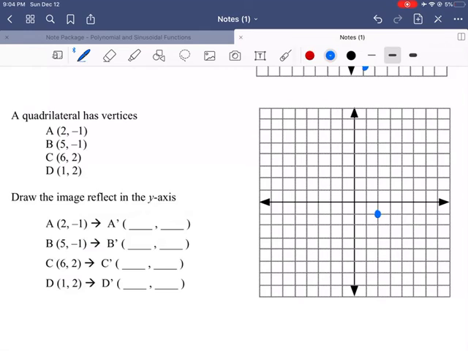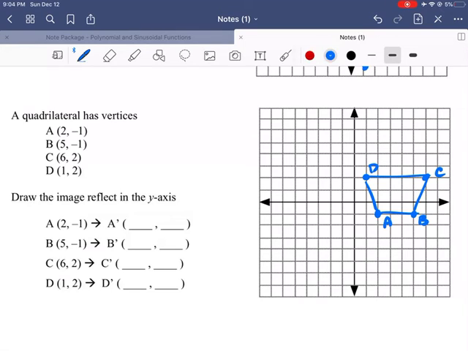So there's A. And then we've got B at 5, -1. We've got C at 6, 2. And D at 1, 2. So connect those points. Looking good so far.